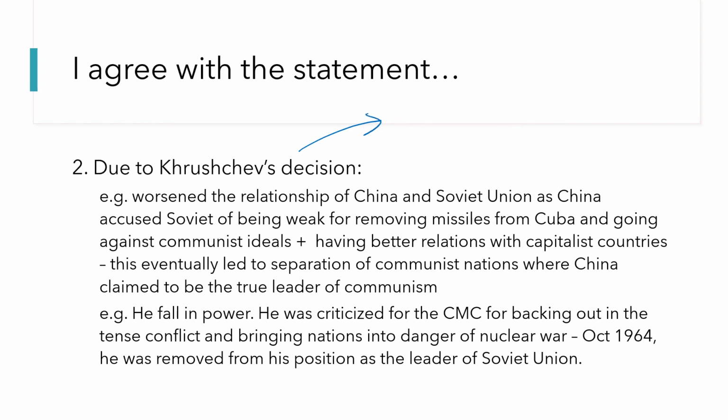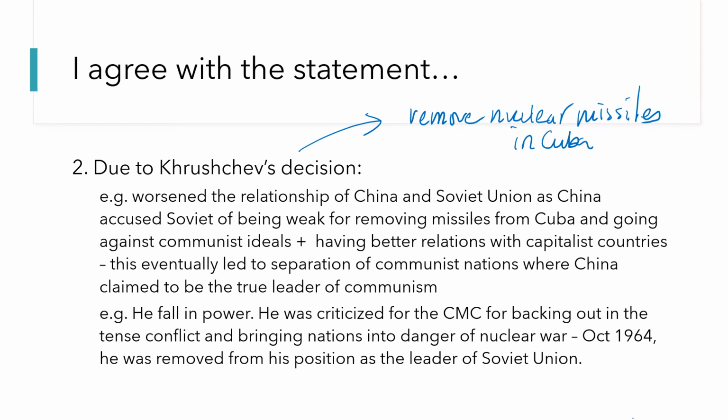His decision was to remove the nuclear missiles in Cuba itself. You can roughly guess that this is going to get him into trouble. That is why he was always trying to justify his actions, why he needed to remove these nuclear missiles.